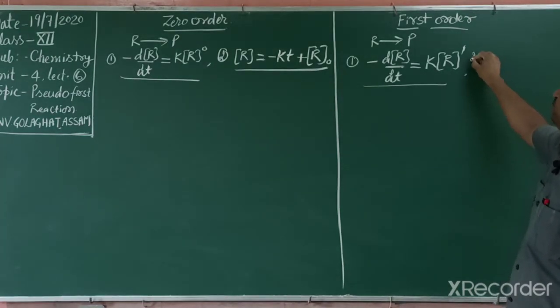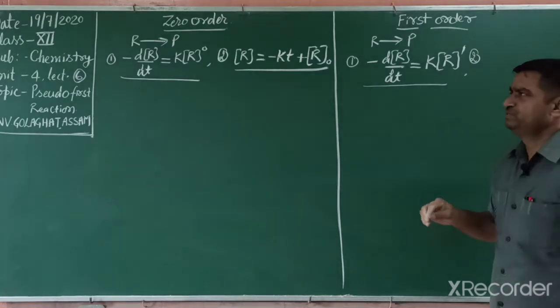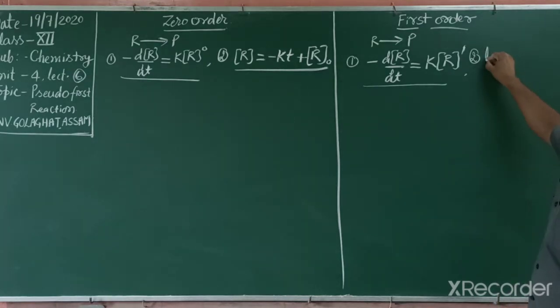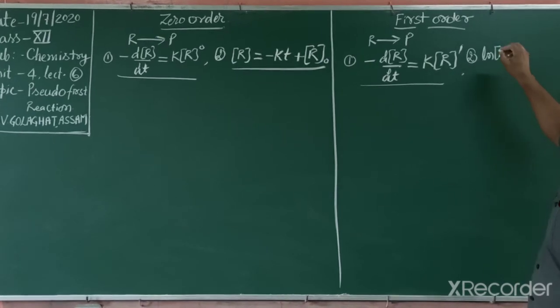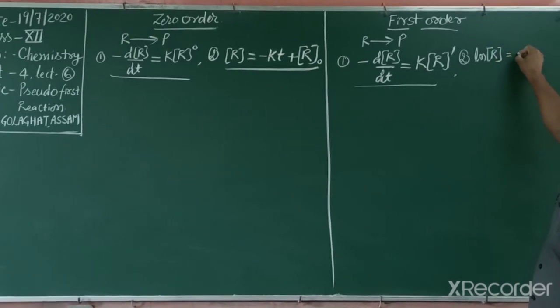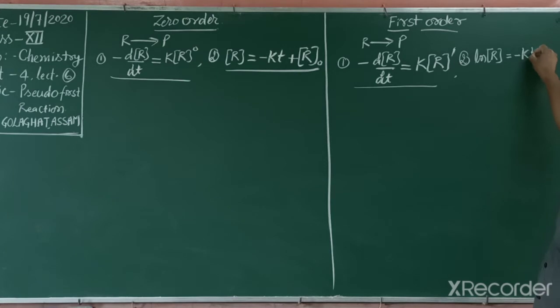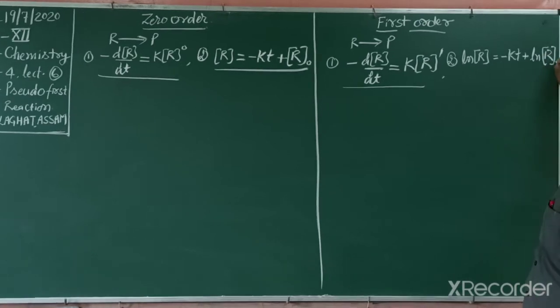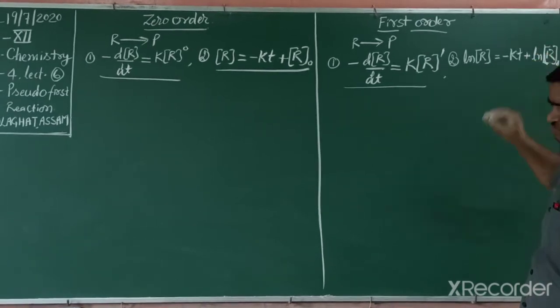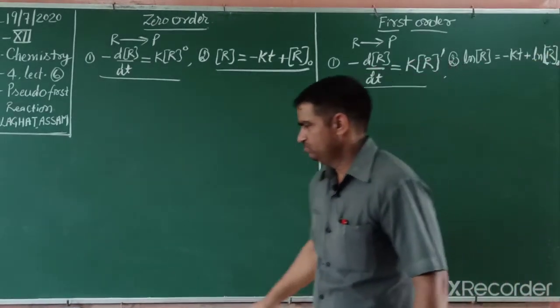The integrated rate equation has different forms for first order. So we write natural ln R is equal to minus Kt plus natural ln R naught. We already studied this one for first order.